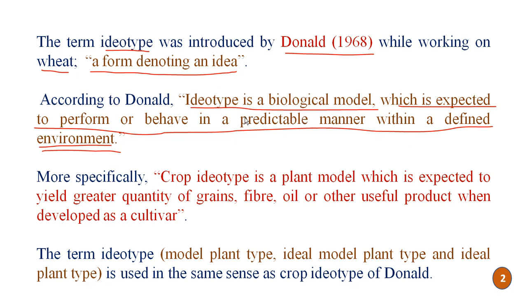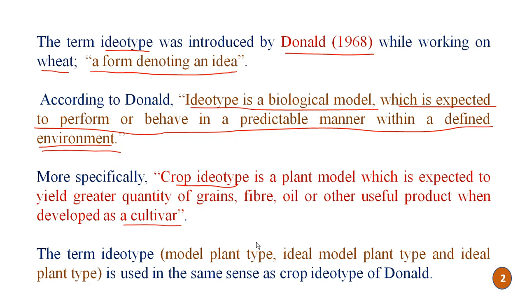So this ideotype concept was developed by the scientist Donald, and more specifically the crop ideotype is a plant model which is expected to yield greater quantity of grains, fibers, oils or other useful products when developed as a cultivar. Means in case of crop ideotype, our main emphasis is on the yield of an economic product.